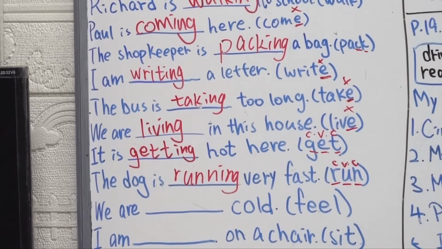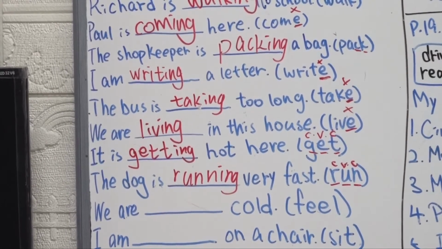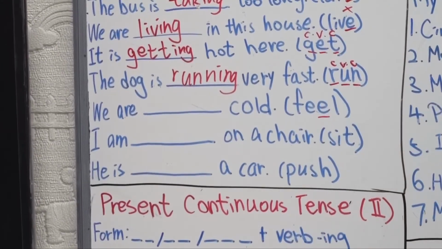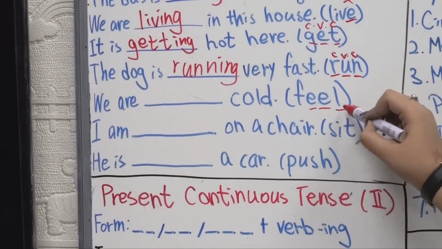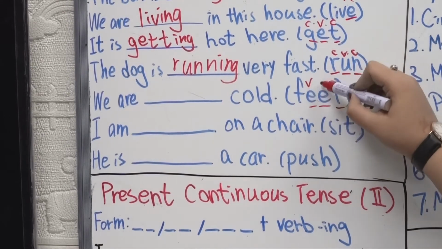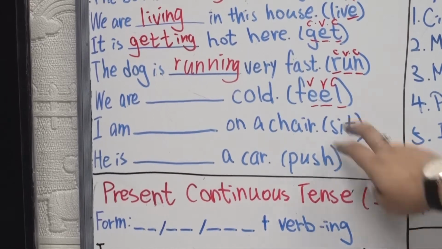Understand? Next one. We are what? Cold. You see a vowel here, and you see a vowel here as well. So vowel, vowel, consonant. Any changes? No need for any changes because there are two vowels.